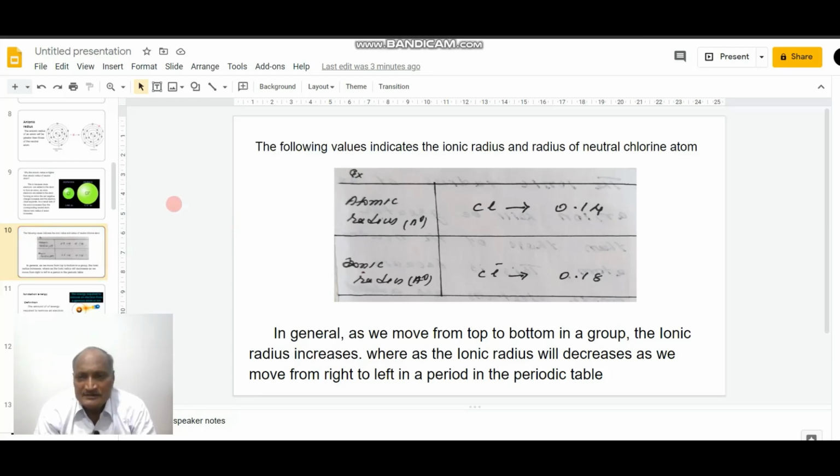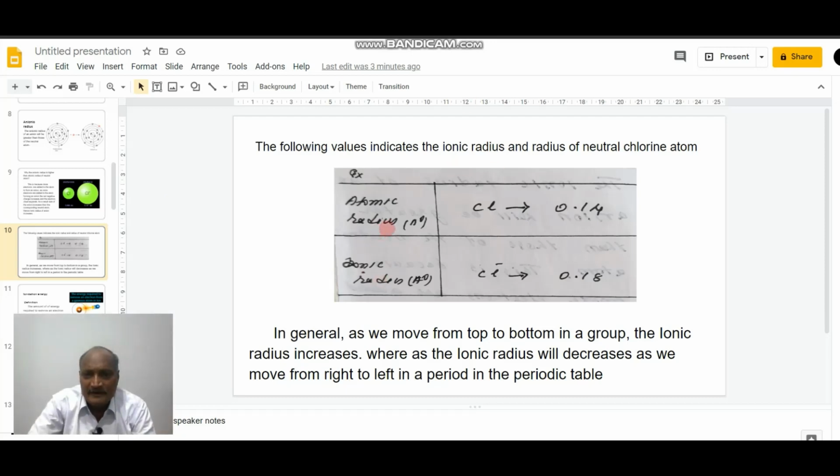The following values indicate the radius of the neutral chlorine atom as well as the chloride anion.